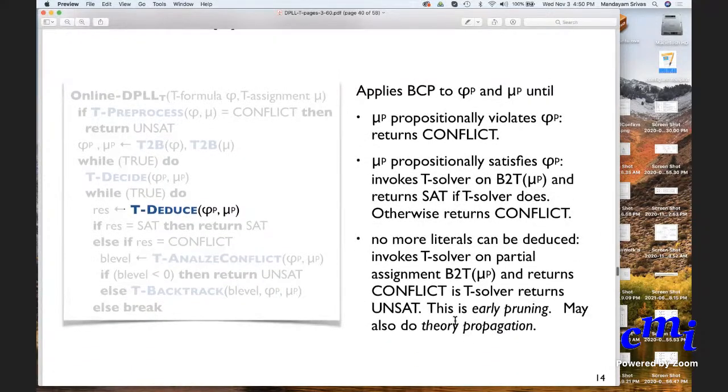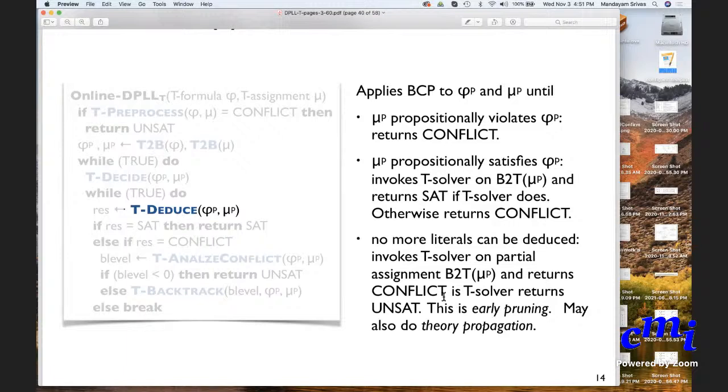Now if that returns unsat, you can say, look, this partial assignment doesn't work, so it can give an early conflict. That's why this is called early pruning.